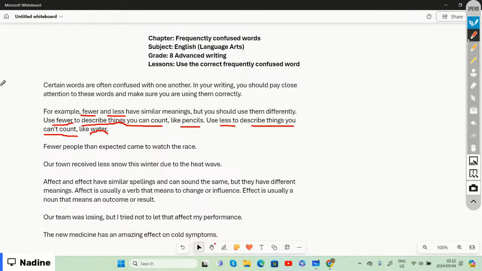Then, if we look at another pair of words that are often confused with one another, we have the word affect and effect. So the word affect and the word effect.